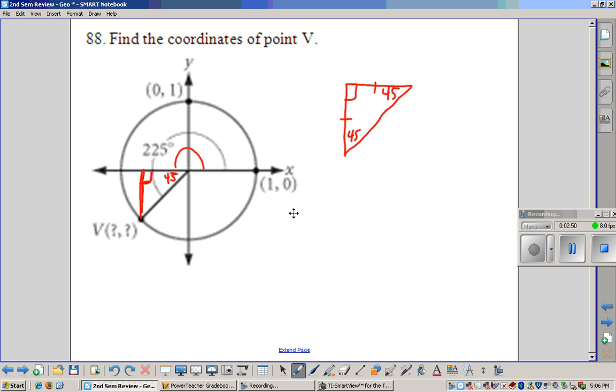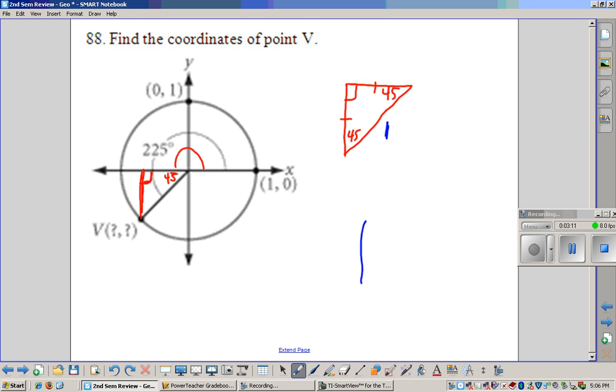Okay. So again, they haven't told us a lot, but they did tell us that this distance is a radius, which is the same as this radius over here, 1. So the hypotenuse of this triangle is 1. And how do we go backwards?